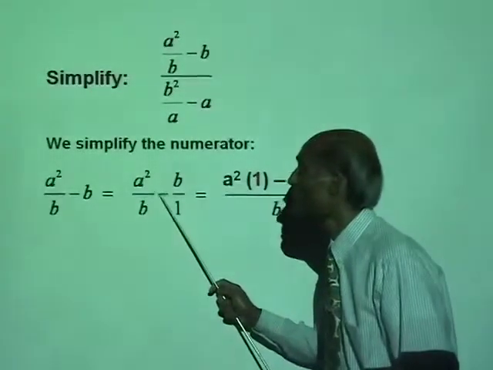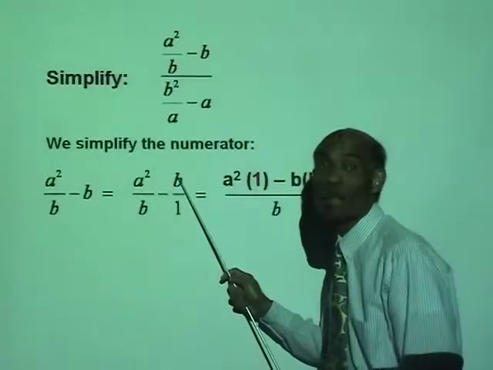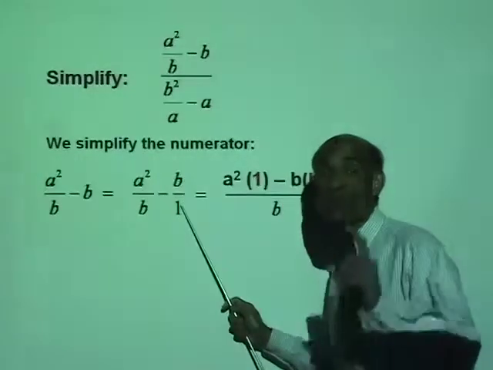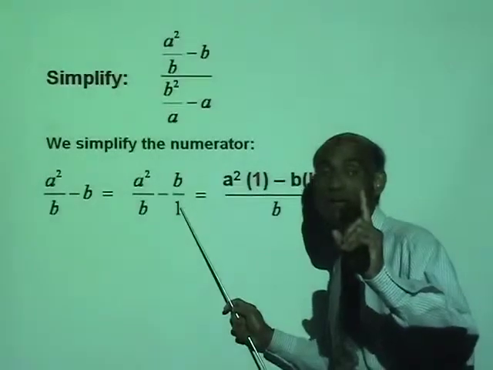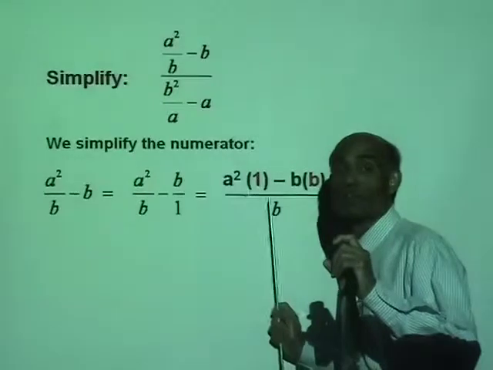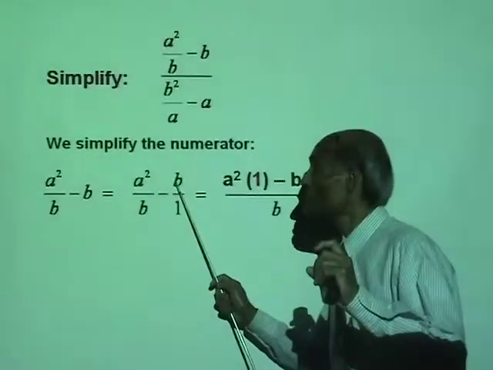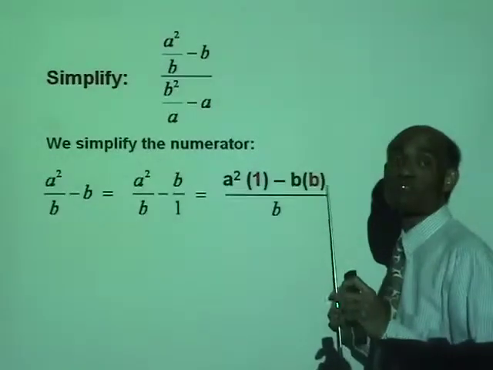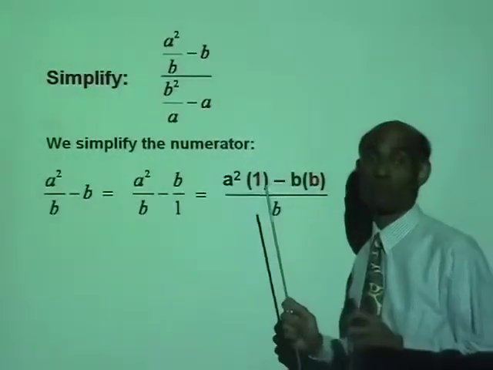Now what is this −b getting multiplied by? If you look at its denominator, it is just a 1. It is missing this factor b. Therefore, this −b will be multiplied by that missing factor, which is b.